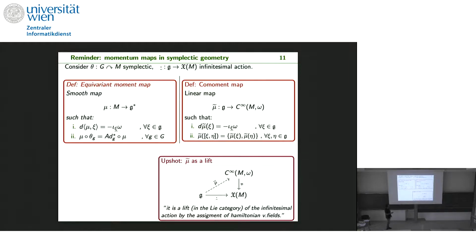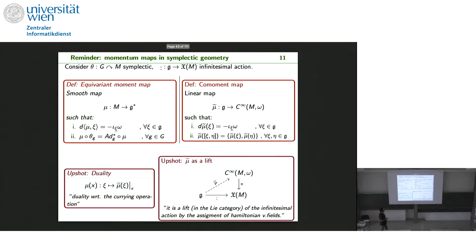Because this diagram is easy to generalize to the other setting, the multisymplectic setting. And in a word, why are these two dual? Well, they are dual with respect to the so-called currying operation, because this is an operation mapping, say, a set into a set of functions.